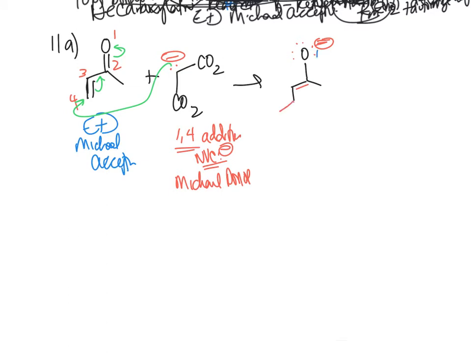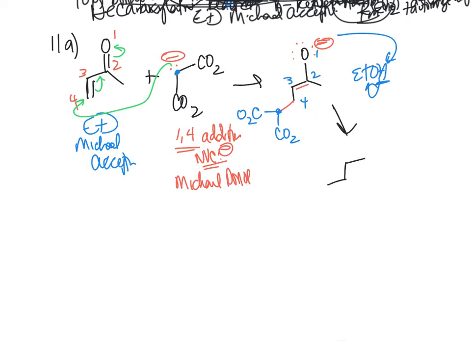So here we have 1, 2, 3, 4. And this carbon's here. CO2, CO2. All right. And then this is going to actually pick up a hydrogen from the solvent.